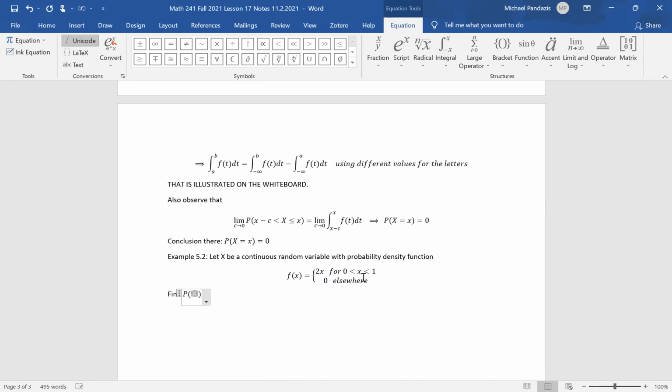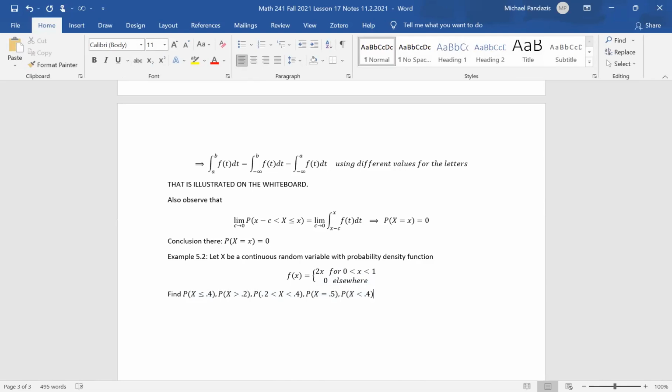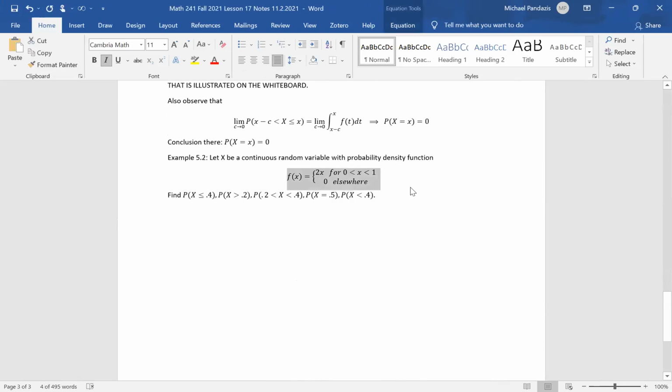Find the probability of X at most 0.4, the probability of X greater than 0.2, the probability of 0.2 less than X less than 0.4, the probability of X equaling 0.5, and the probability that X is strictly less than 0.4. So we're going to find each of those probabilities for our continuous random variable with this PDF.